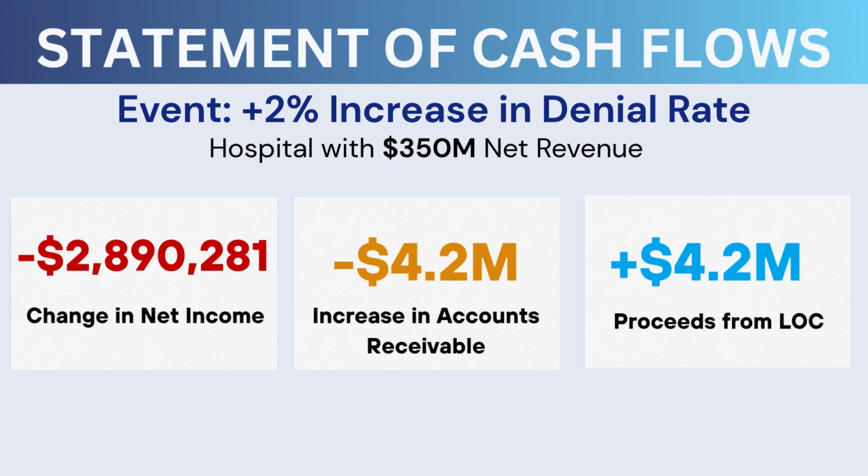And on your statement of cash flows, that is going to be shown as an increase in your accounts receivable, which on the statement of cash flows is a decrease in cash. Then we have the proceeds from the line of credit. And for this example, just to keep it simple, we're going to assume that you're borrowing that whole 4.2 million. That is going to appear under the financing activities as proceeds from the line of credit.